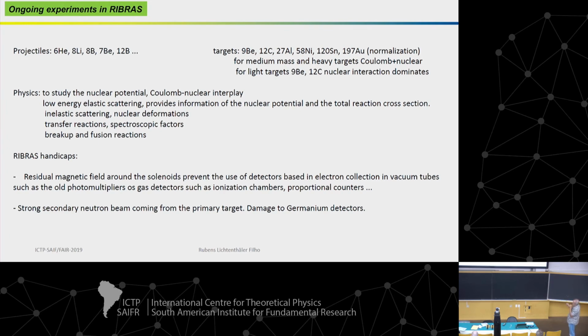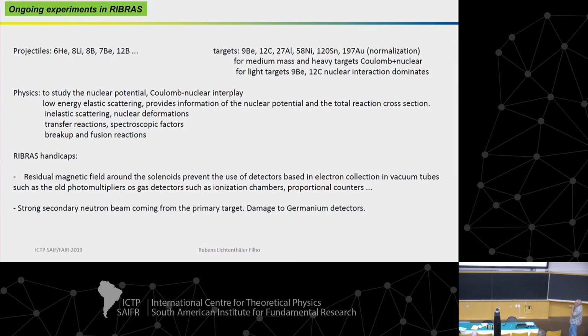And inelastic scattering provides information about nuclear deformations, and transfer reactions about spectroscopic factors. In addition, we have the breakup and fusion reactions, which are also very important in these exotic projectiles.